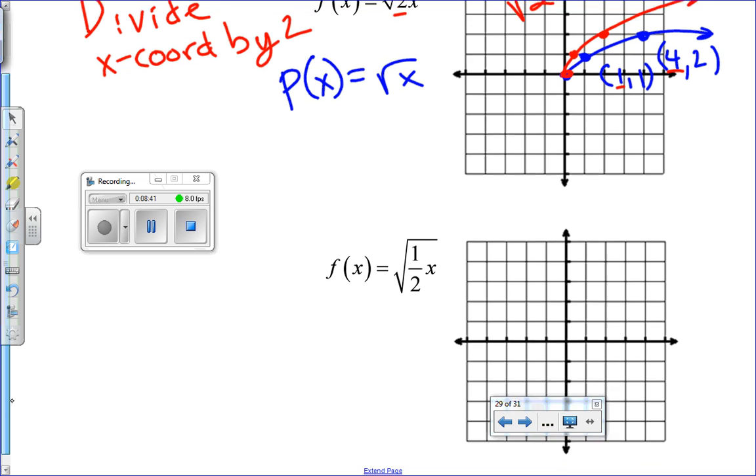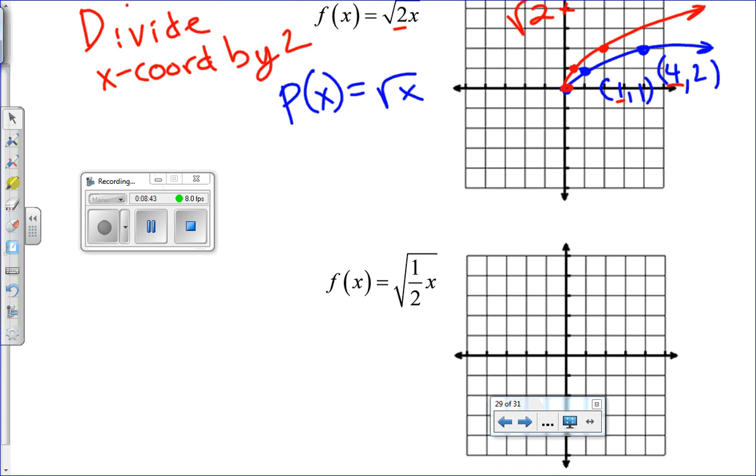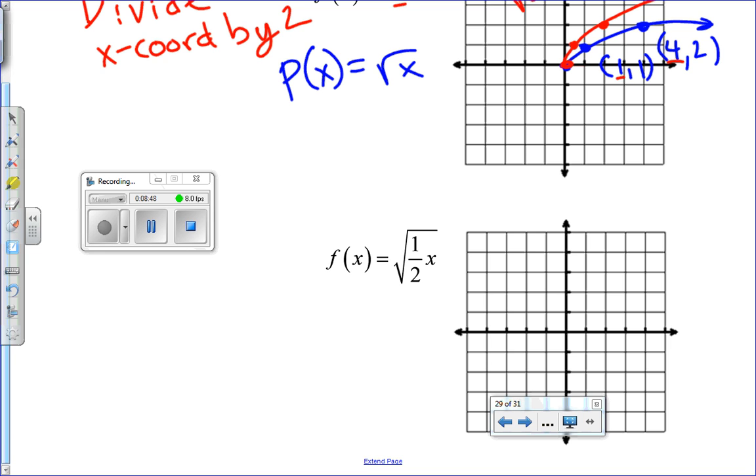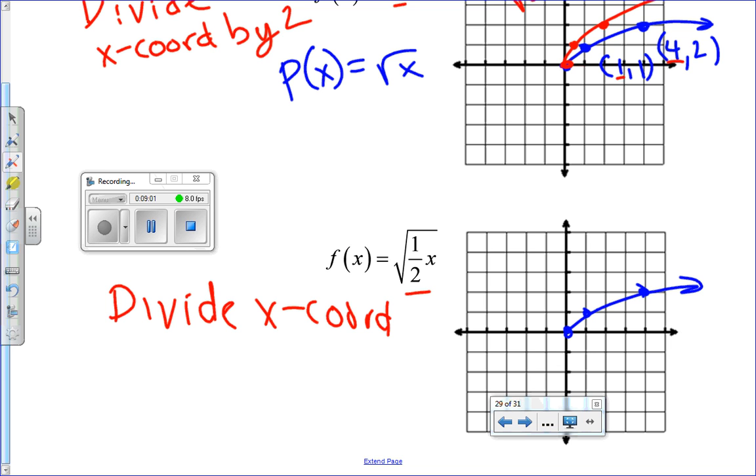Let's go ahead and graph the second example. I'll put the parent function on first. That's going to be in blue. That's the square root of x. And once again, if I have this transformation, I'm going to divide the x coordinates by 1/2.